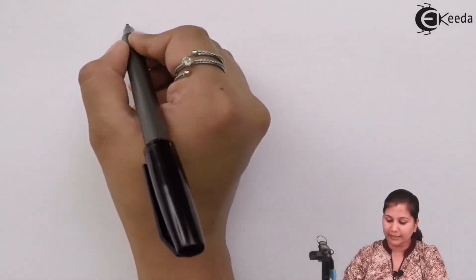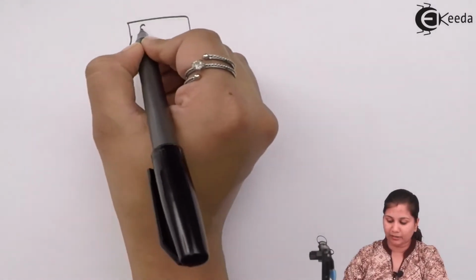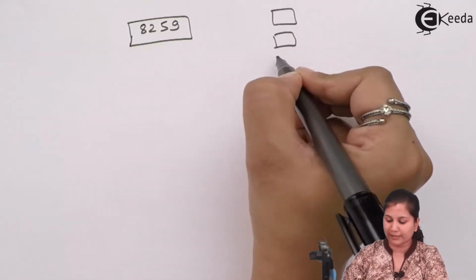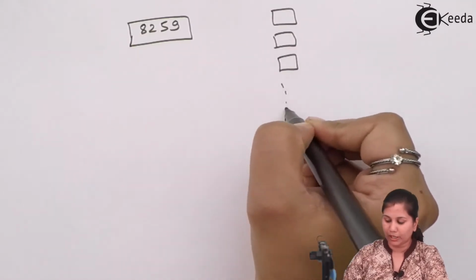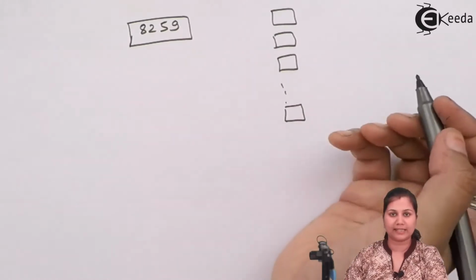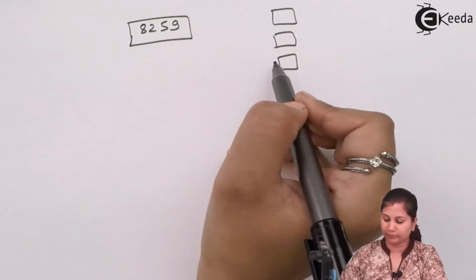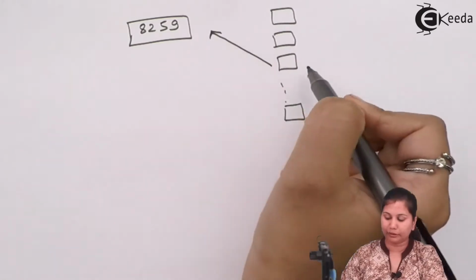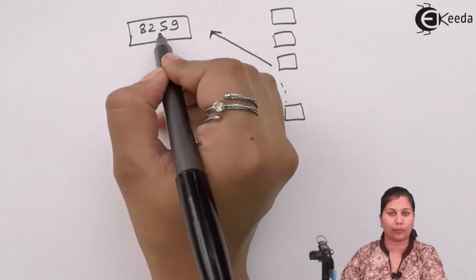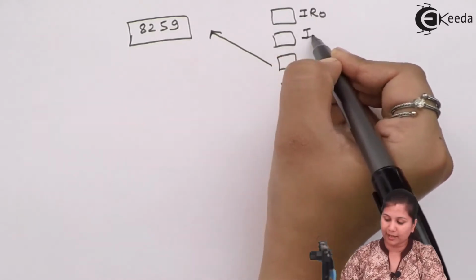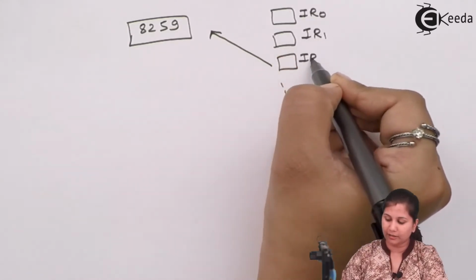So suppose that this is 8259 and we have various input output devices connected to it. 8 input output devices can send the request to it. Now suppose that this third input output device is sending the request. So this is IR0, this is IR1, this is IR2.